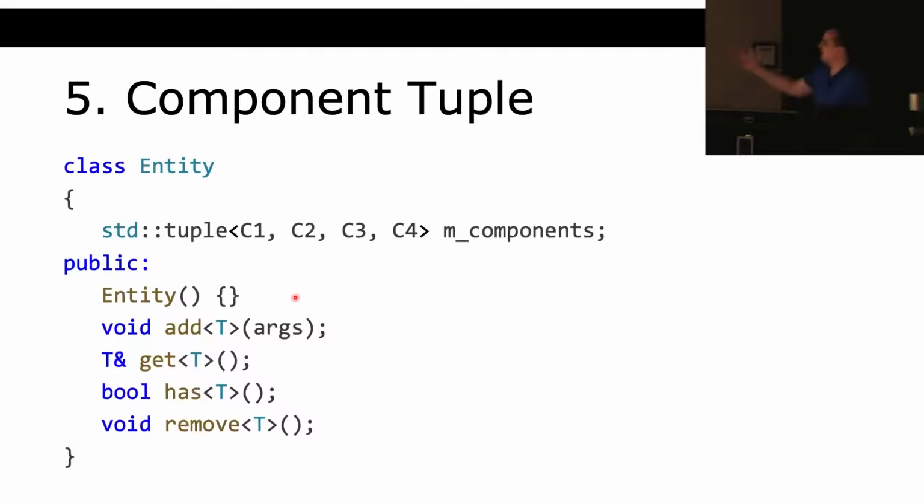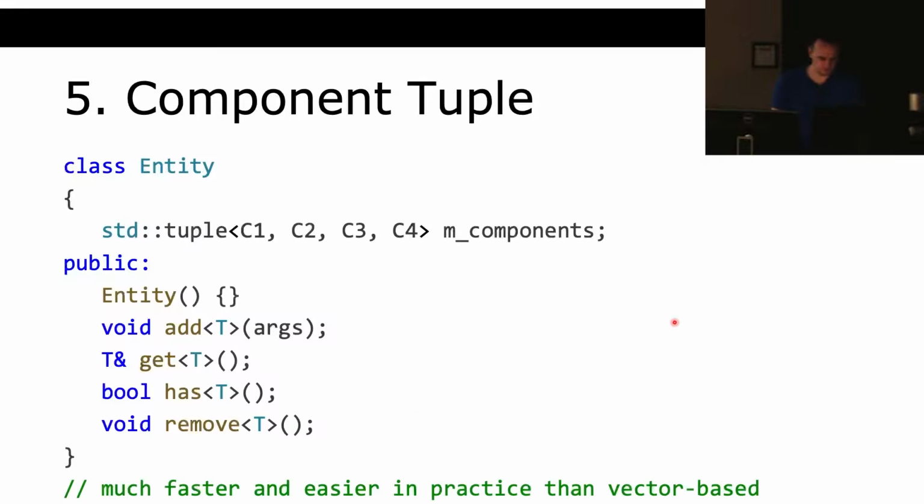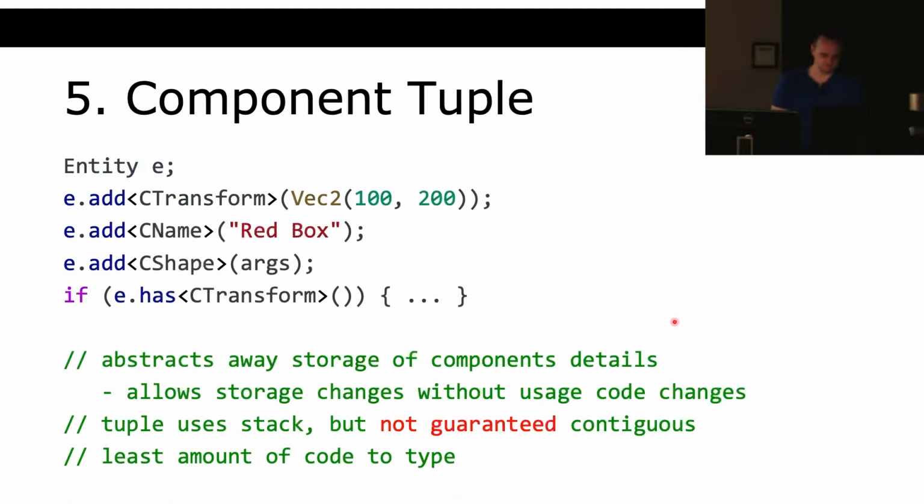What we would have now in our entity is I would be able to add a component of a particular type and put in its arguments. I'd be able to get a component of a particular type. I'd be able to check whether or not this component exists, and maybe remove a component as well, right? This is much faster in practice than the vector-based one, just because of the way that you would have to implement the vector-based one in C++.